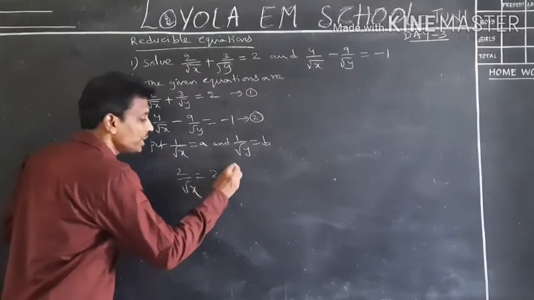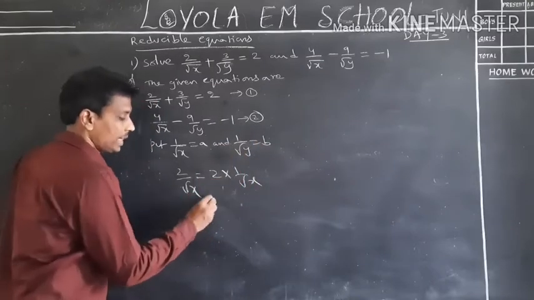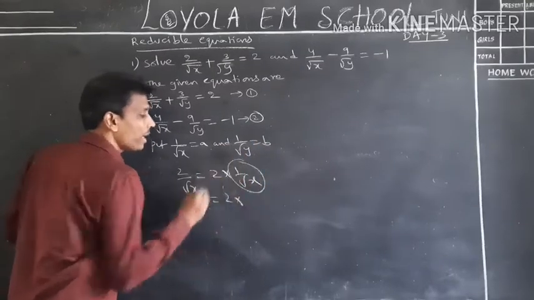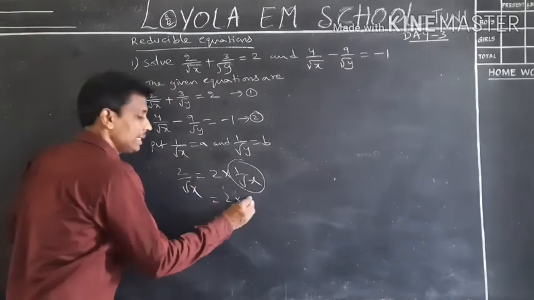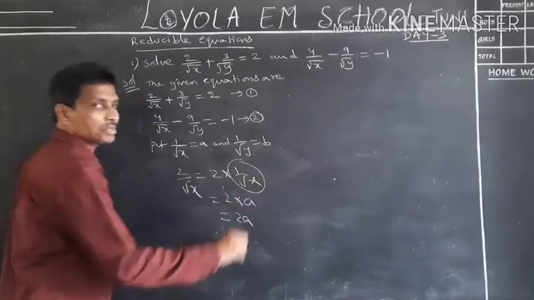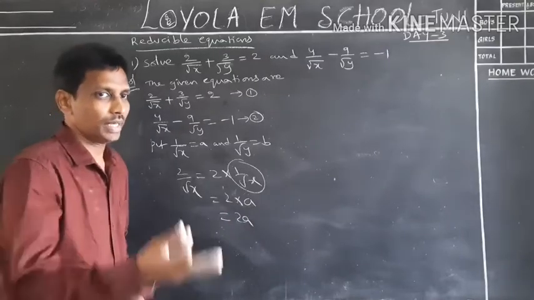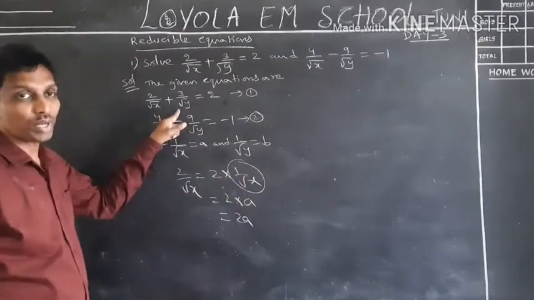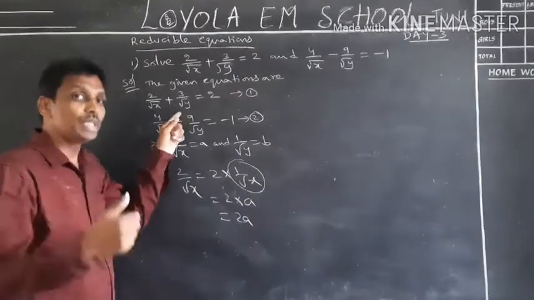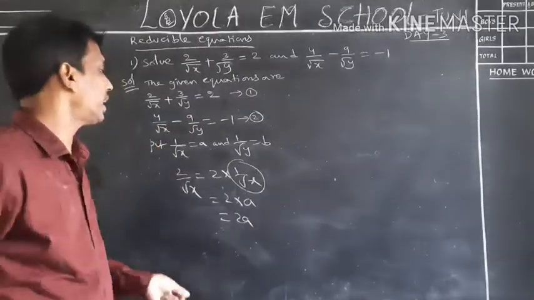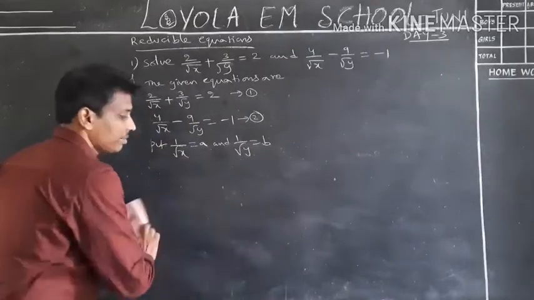How can we write it? 2 into 1 by root x. According to my substitution, what can I substitute here? a. That means the product becomes 2a. Can you say this one, 3 by root y? Any one of you? Very good. 3b. Directly we can write it as 3b.